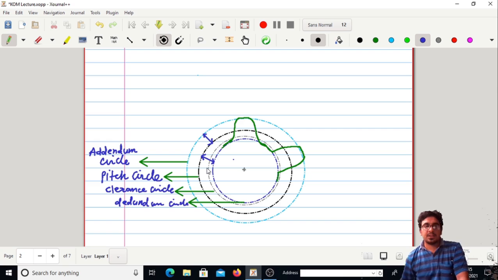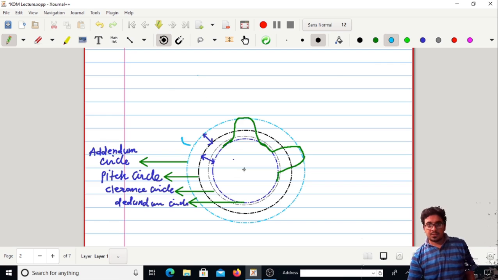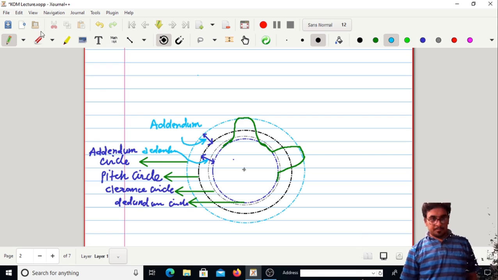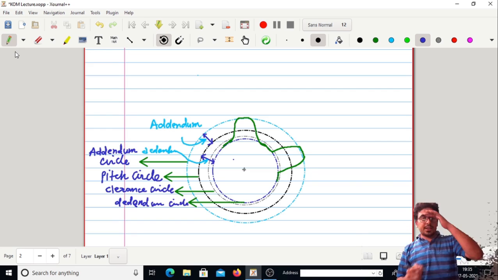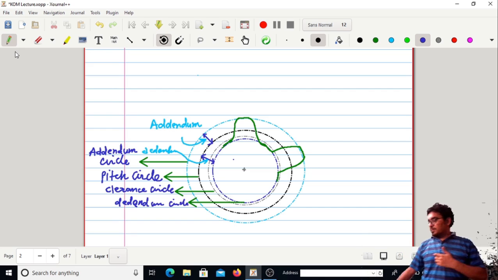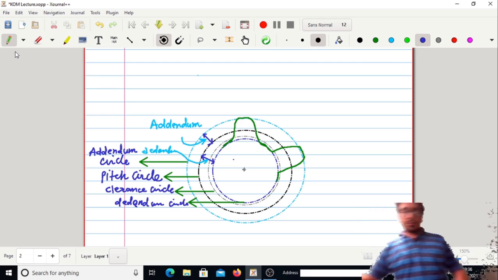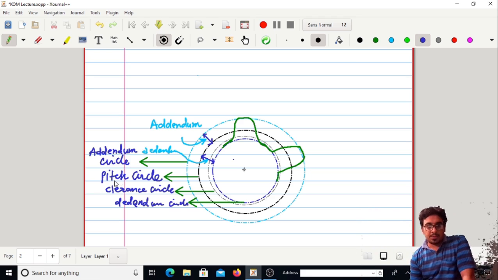So this one is termed as the addendum, and this is termed as the dedendum. We measure the addendum and dedendum from the pitch circle. So this is the important parameter.